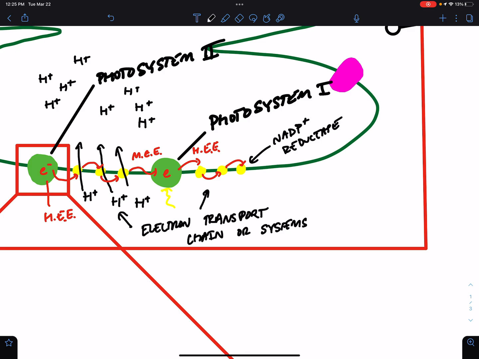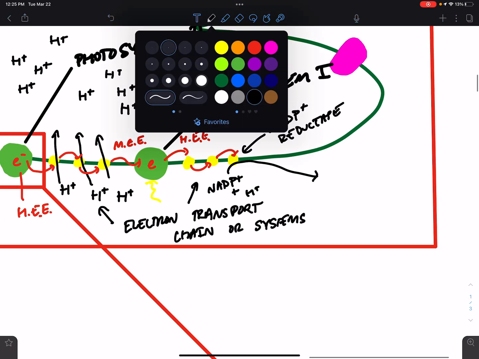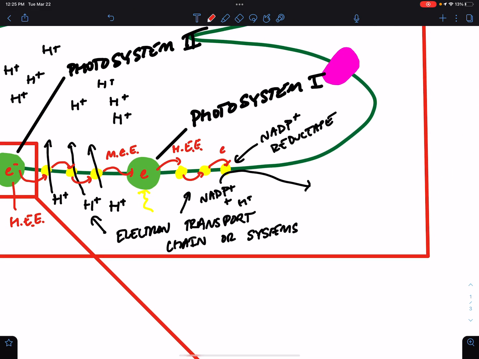And NADP plus reductase takes NADP plus and a free hydrogen atom, and it picks up 2 electrons, and forms what's called NADPH.